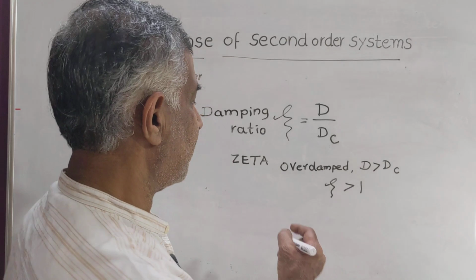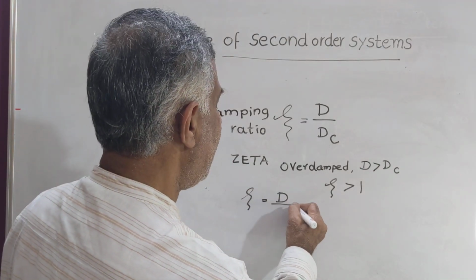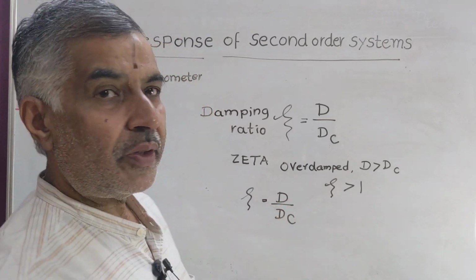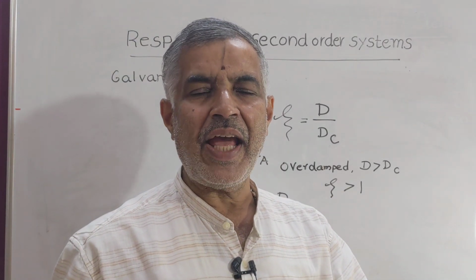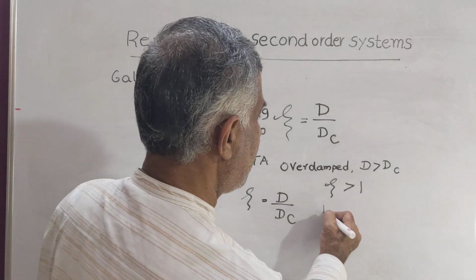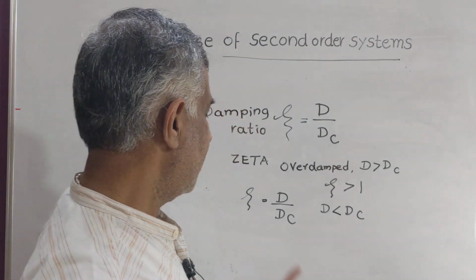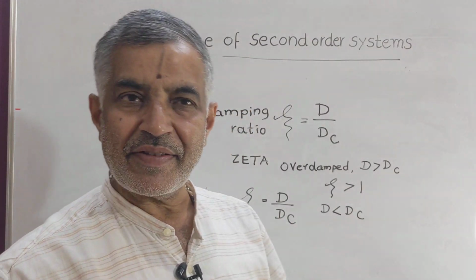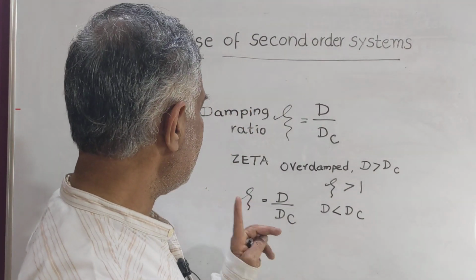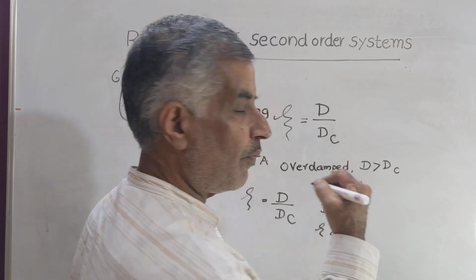Next, the underdamped case. For the underdamped case, d by dc once again. Damping is somewhat less than the damping required for critical motion. D is less than dc. When d is less than dc, the numerator is less than the denominator, so zeta will be less than 1.